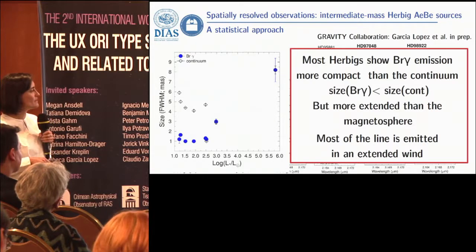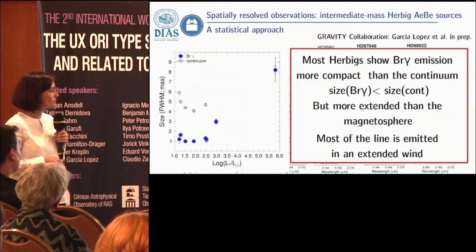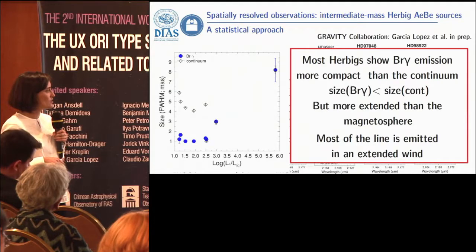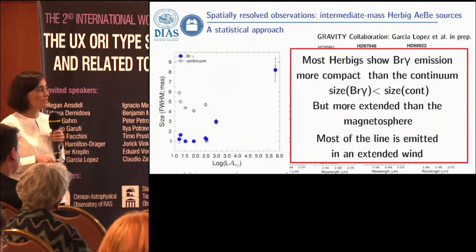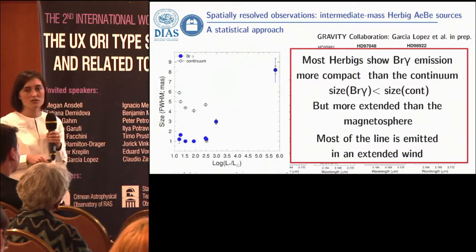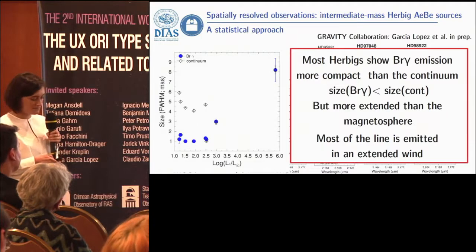There might be that you are seeing a change, perhaps, in how the matter could accrete, for instance. So here, for these objects with low luminosities, it could be that you are seeing magnetospheric accretion, but for these other objects where the size of the continuum and the size of the line coincide, it could be that we are tracing a boundary layer, optically thick, so you cannot distinguish the emission from the continuum and the line.